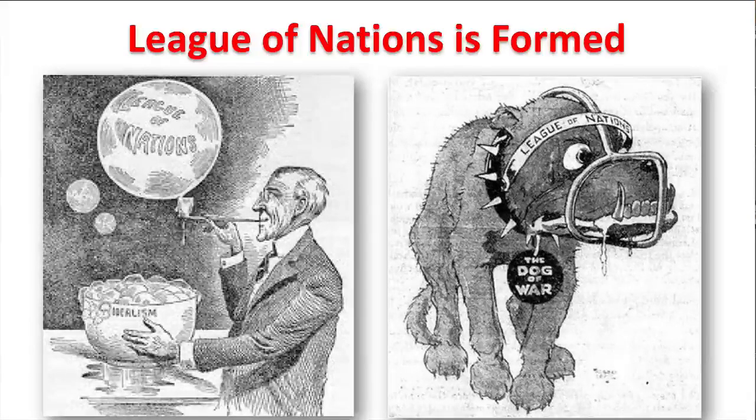All right, one of the other things that we need to talk about is the fact that the Treaty of Versailles also includes something about forming a League of Nations. If you look at the picture on the left, the guy in that picture, his name is Woodrow Wilson. He is the President of the United States.